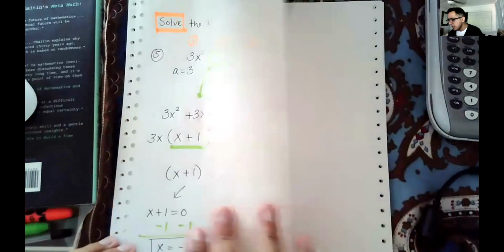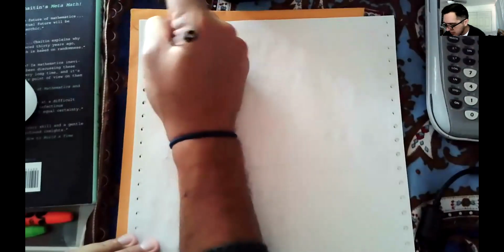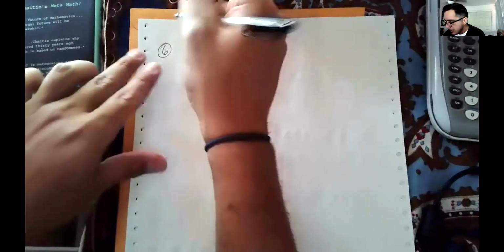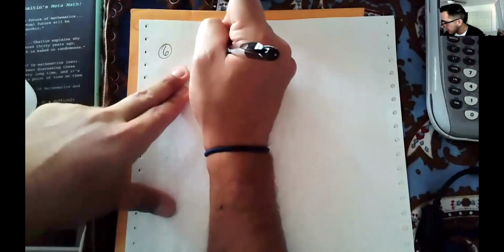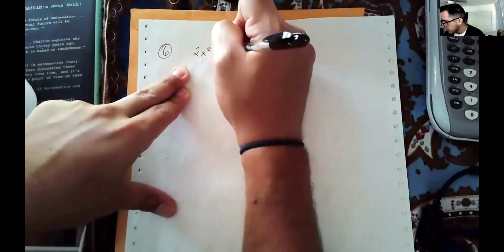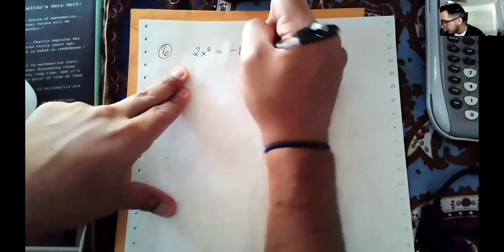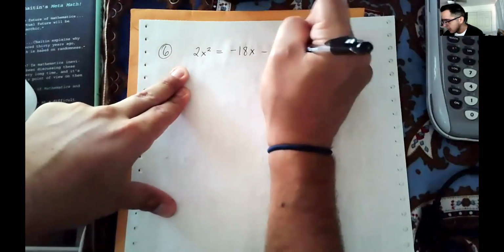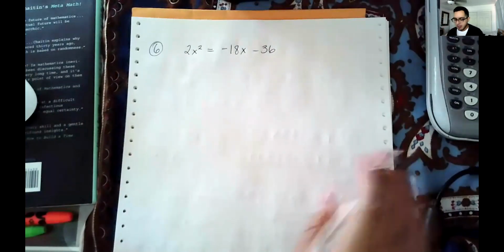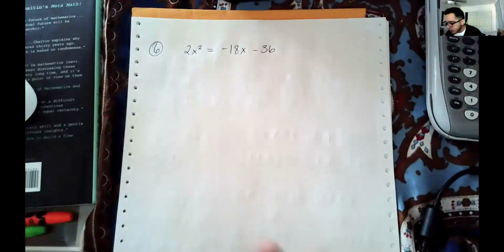Let's go ahead and look at number 6. Number 6 is written in the form 2x squared is equal to -18x minus 36. So can anybody tell me what do you think the first step would be in this problem?